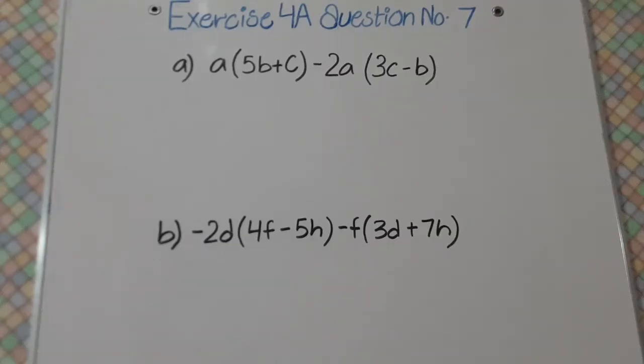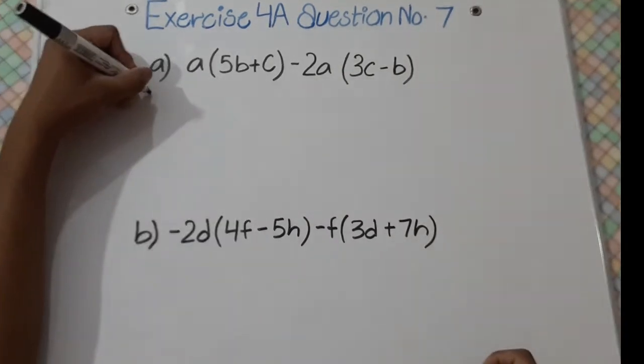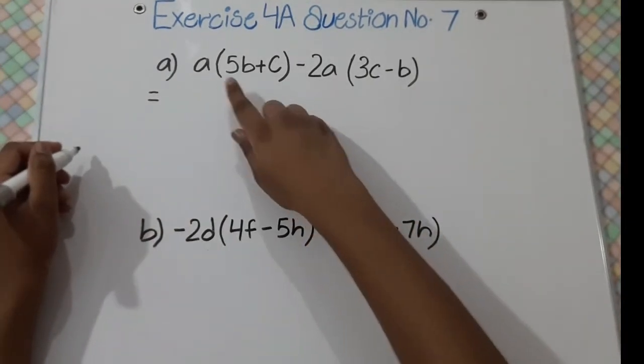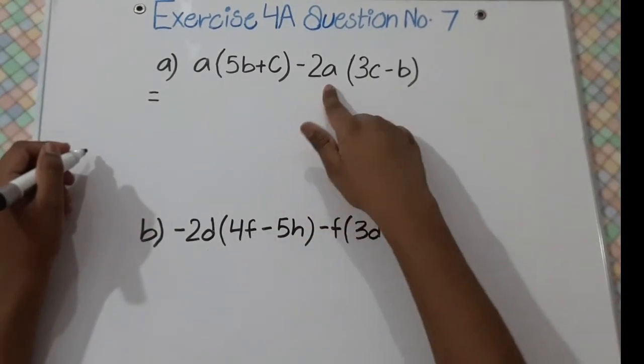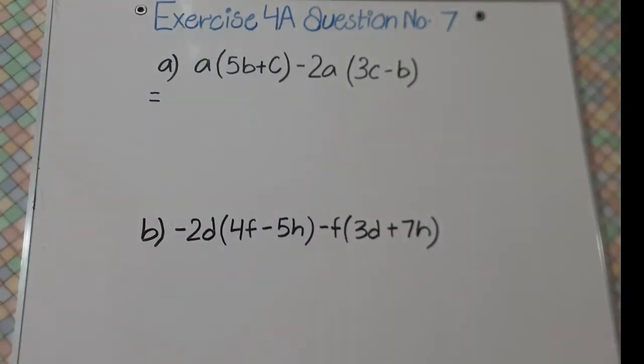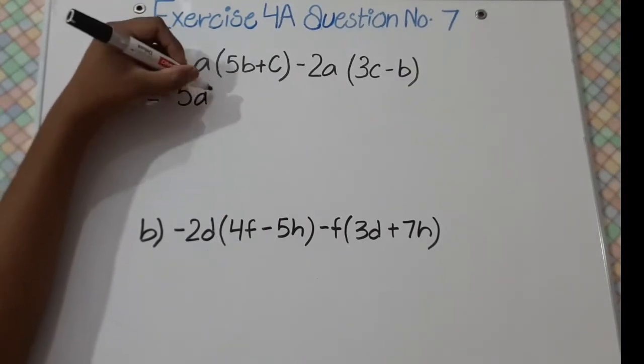So over here I have written part A and part B of question number 7. It's very simple to solve. First of all, we are going to multiply this A with this bracket and minus 2A with this bracket. A multiplied by 5B would be 5AB.